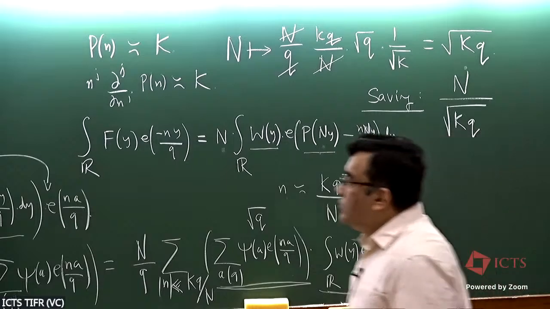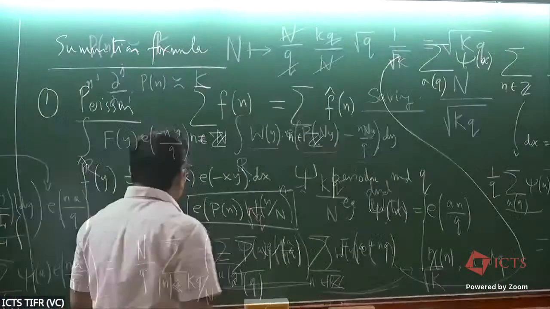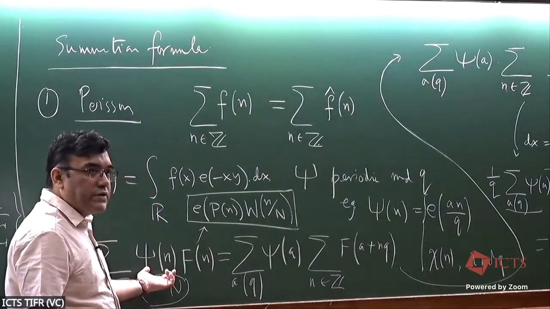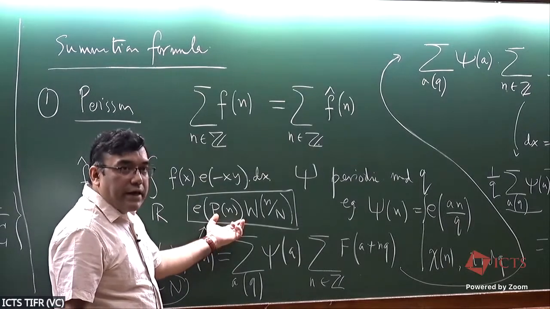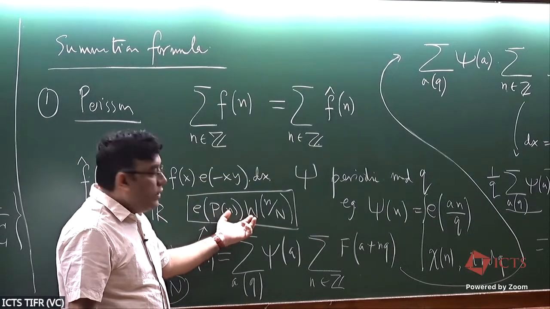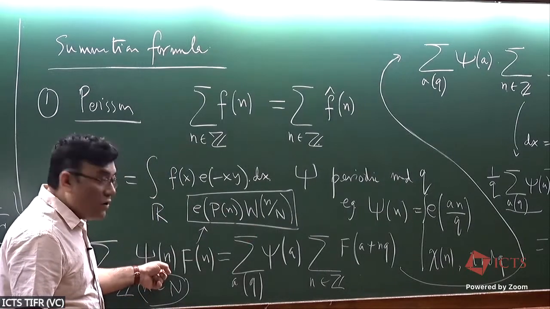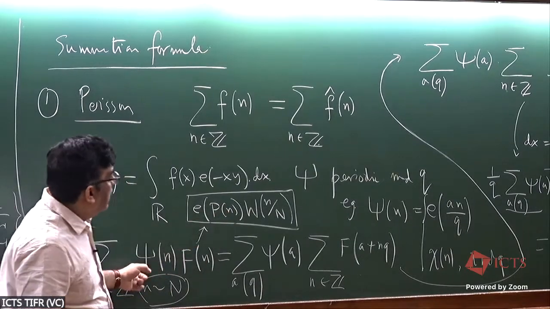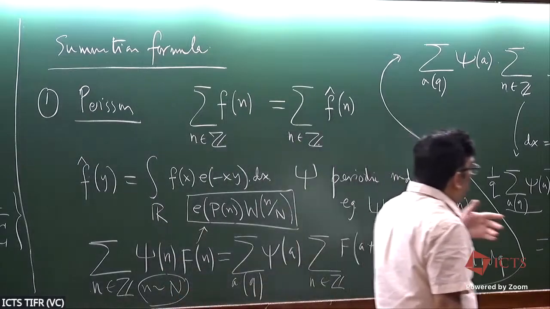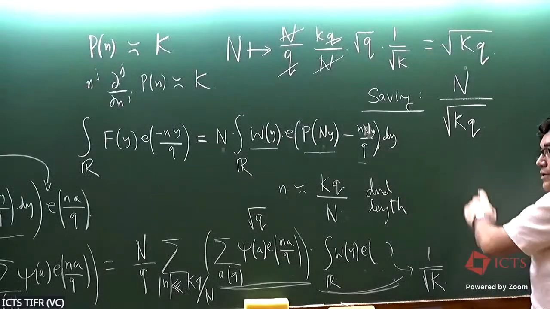Right? So there's another way of looking at it. You're starting with this sum, where you have a modulus q, that's the arithmetic conductor of this sum, and you have an analytic oscillation of size k. So the analytic conductor is k, right? And so the total conductor is arithmetic conductor times analytic conductor, which is q times k, right? And so the philosophy is that the dual sum will be the conductor by the initial sum, and the saving will be the length by square root of the conductor.